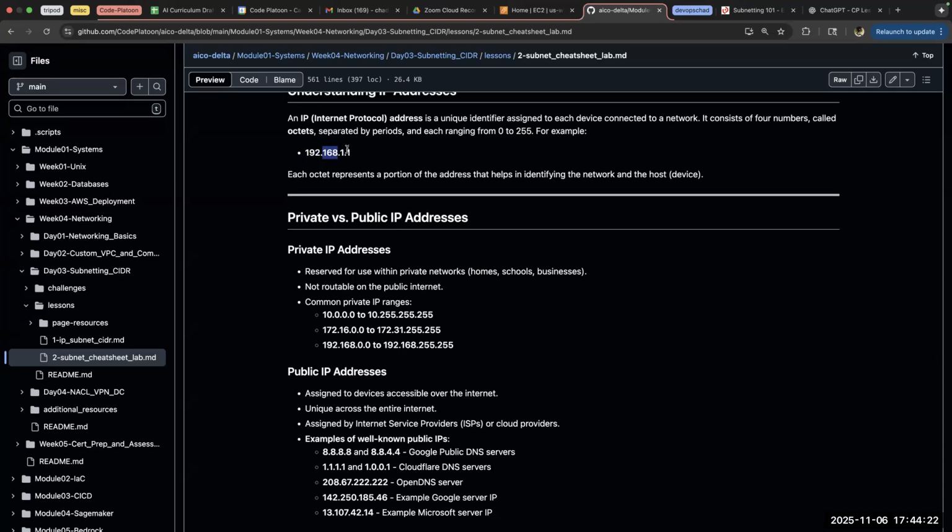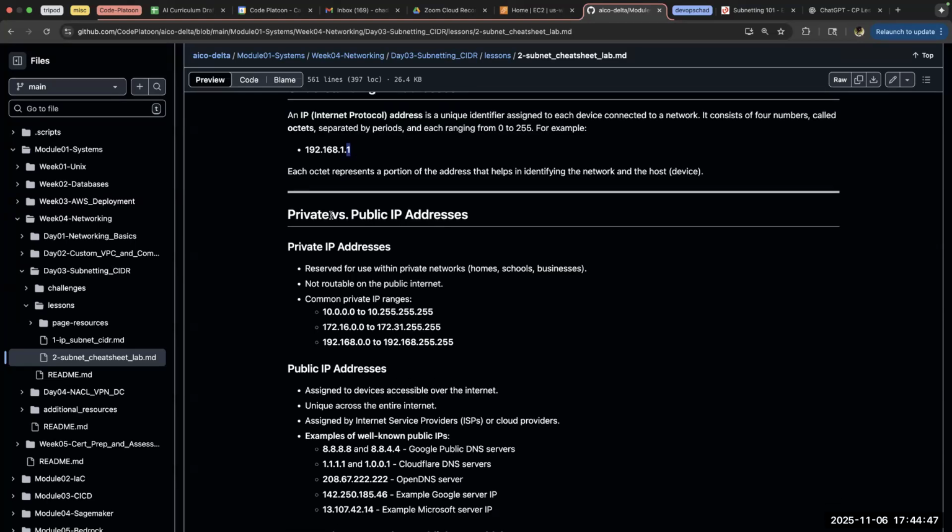This octet represents the VLAN, and the last octet represents the actual device's IP address. So say you have 50 devices, it'd be 192.168.1 dot, wouldn't be dot one, it'd be dot two, dot three for the second device, and so on.